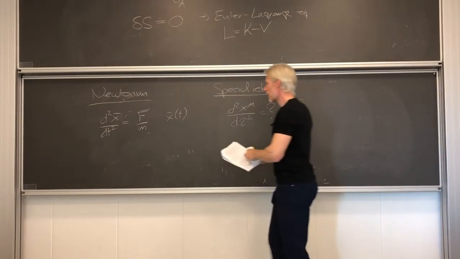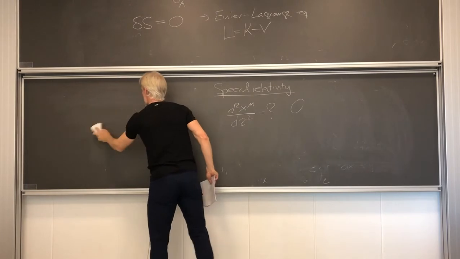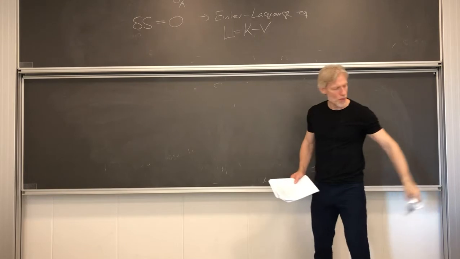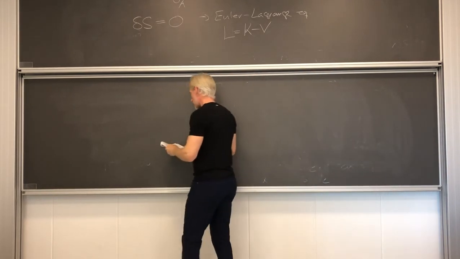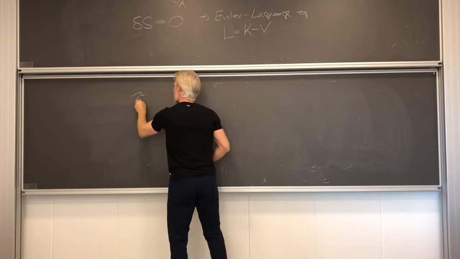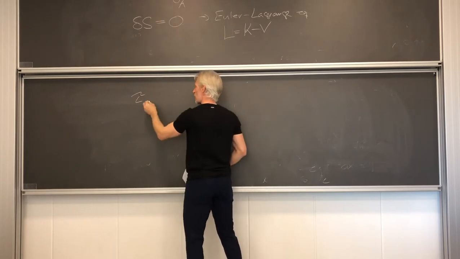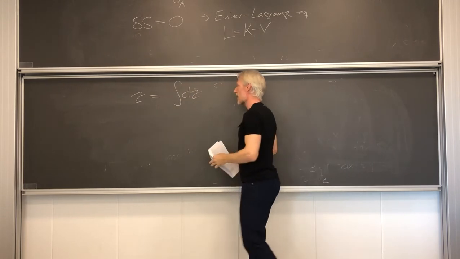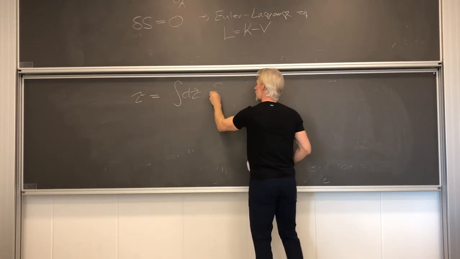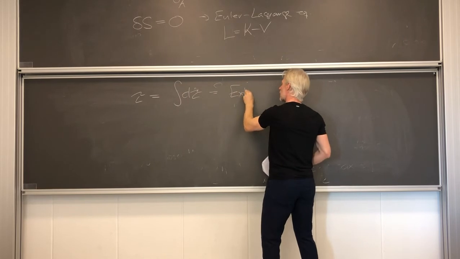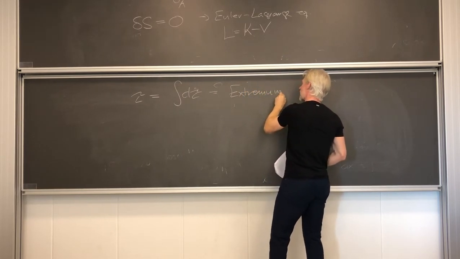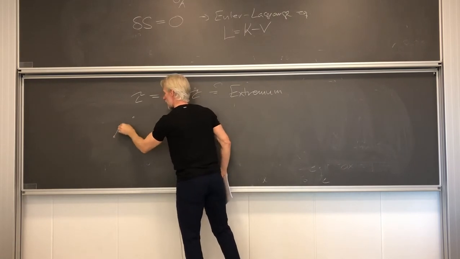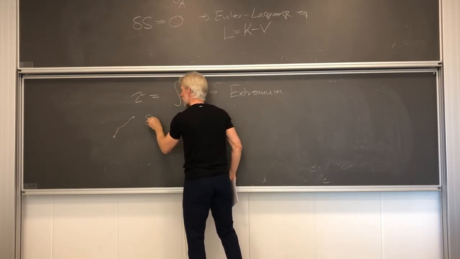And actually, the equation of motion in special relativity can be formulated by saying that I always want the total time or total proper time, which is given by this, to be an extremum.